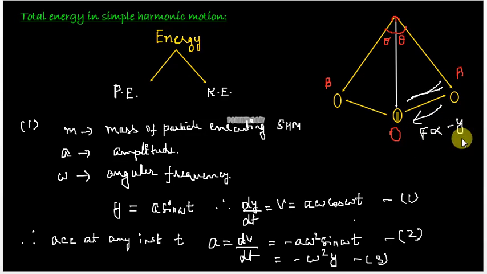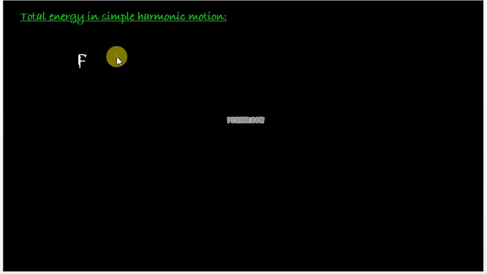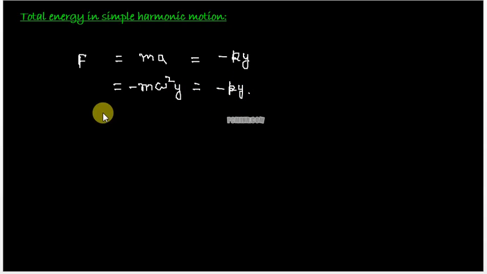So, F is equal to mass times acceleration, and we equate it with minus ky. Mass times acceleration we calculated is minus m omega square y, so minus m omega square y is equal to minus ky. Therefore, I can always use m omega square as equal to k.